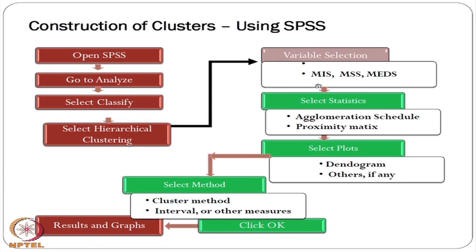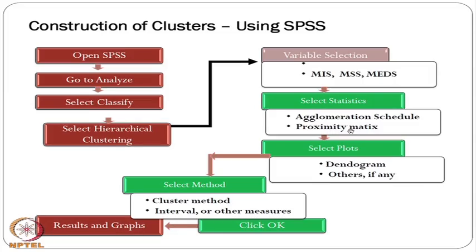We have given one example, MIS, MSS and MEDS, that means incidence score, mean severity score and mean equipment damage score. Then there are many statistics available: agglomeration schedule, which means starting from n clusters to 1 cluster, how it is moving up, and the proximity matrix. Then you can select plot, dendrogram, and other plots if you want.